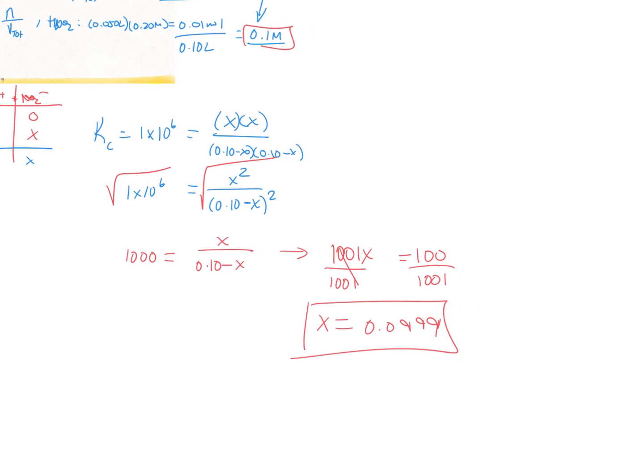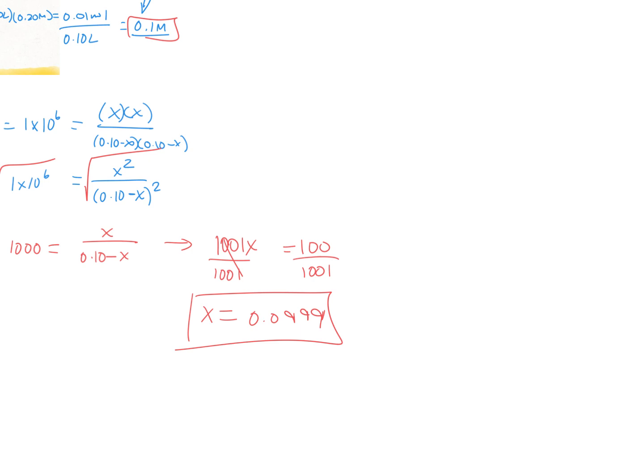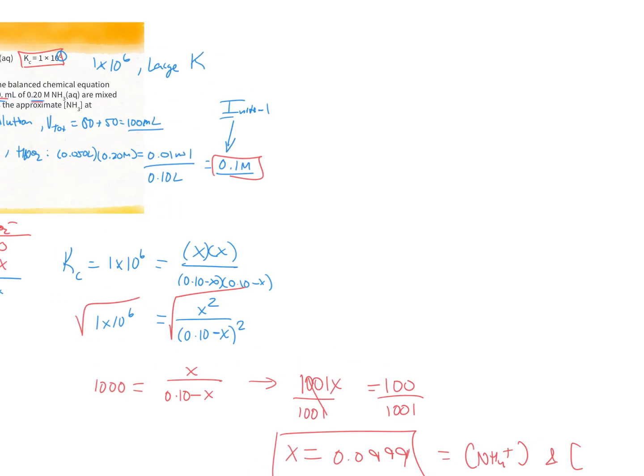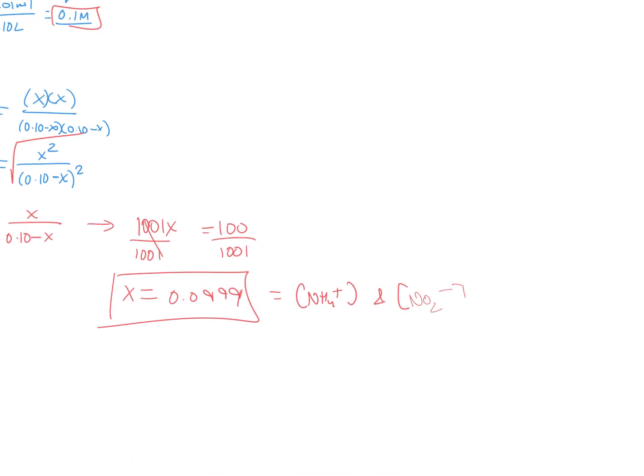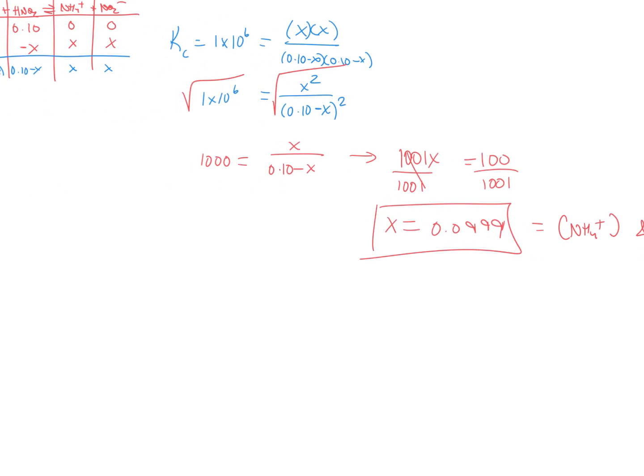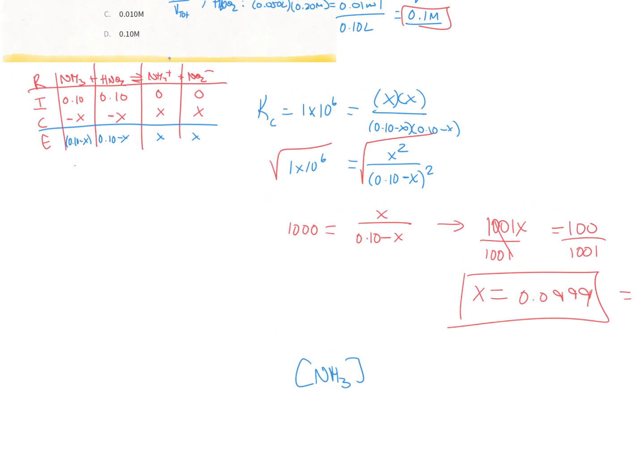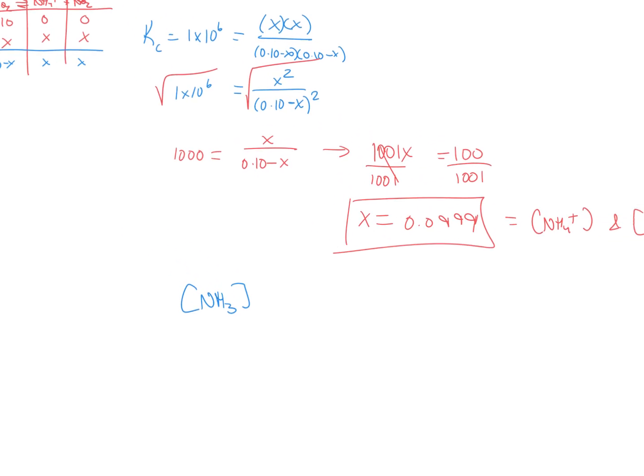Now, we're not done here because this is the concentration of NH4 plus and the concentration of, if we go back, NO2 minus. What we want is the concentration of NH3, which if we look at our Rice table is right here, 0.1 minus x.